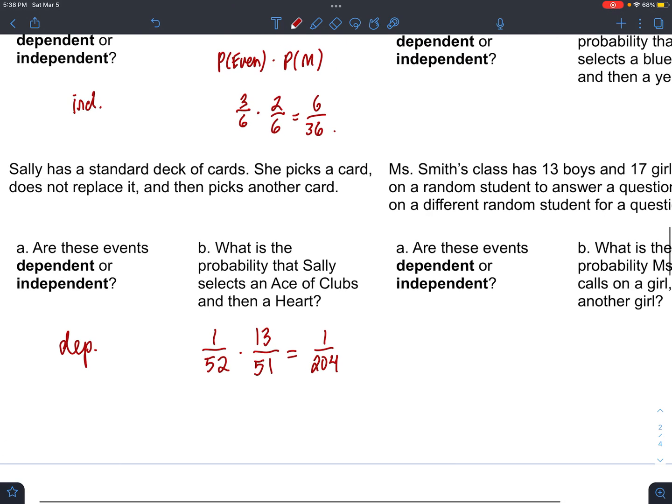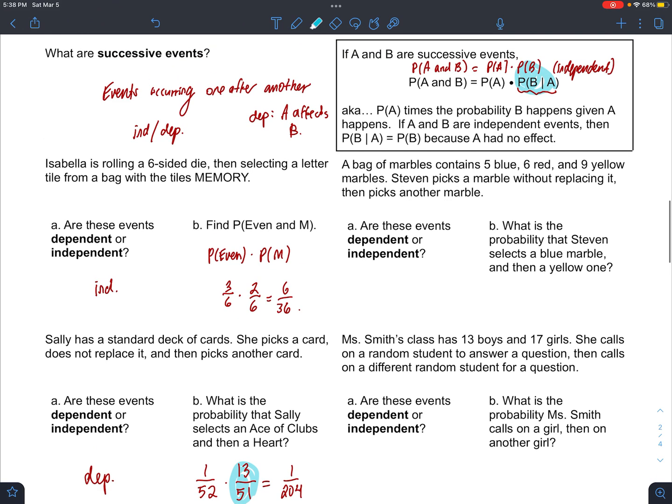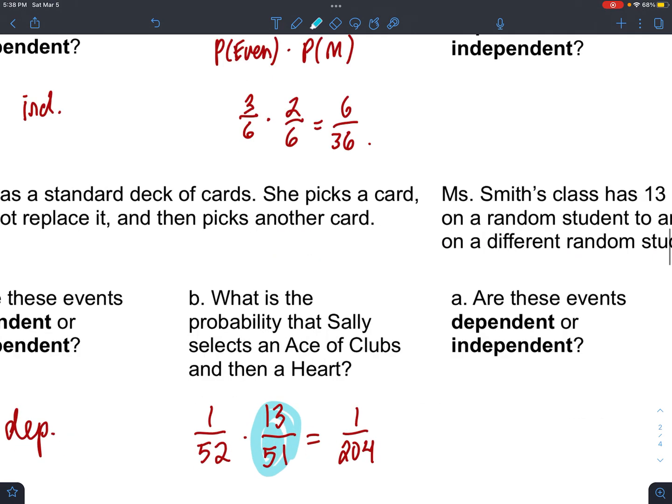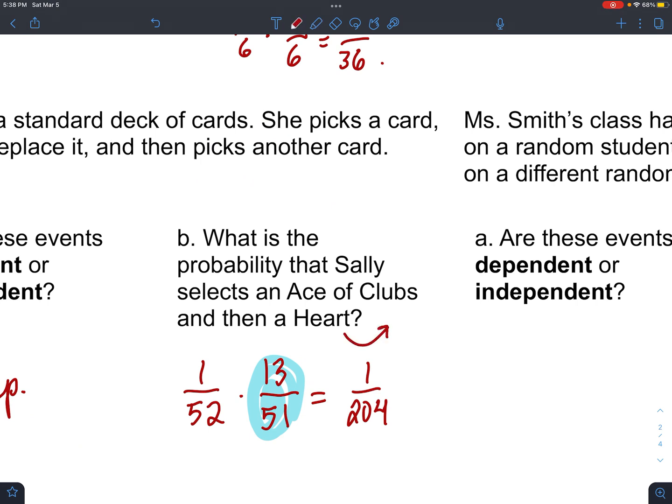Okay, so this more complicated adjusted event is what this is up there in blue. It's the probability that you draw a heart given that you drew the ace of clubs. You would expect the probability to draw a heart to be 1/4.